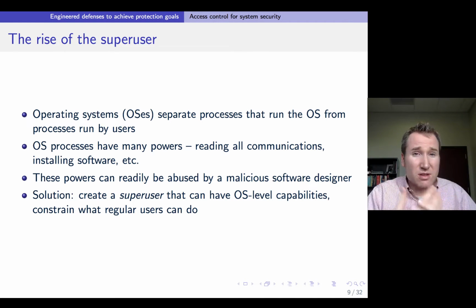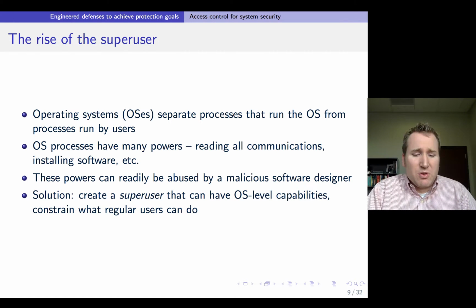It needs to install software. It needs to overwrite key data, and so it has a lot of powers that are assigned to the operating system. And so the natural problem that could arise is that if a malicious actor were able to develop software that uses these capabilities that are assigned to the operating system, then bad things could happen.